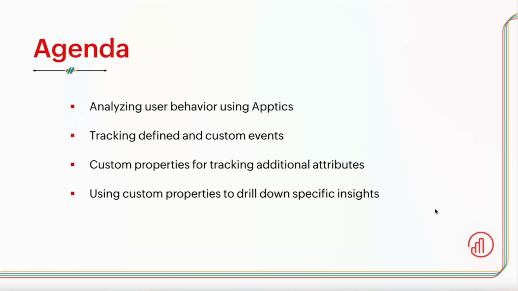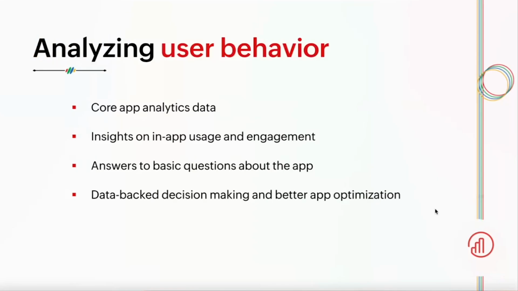But before we take a deep dive into the features or how the module works in Apptics, let me first explain why we need these features in the first place. By now we all would have seen that Zoho Apptics is versatile, with more than 20 modules, and they contribute in meeting your analytical needs.